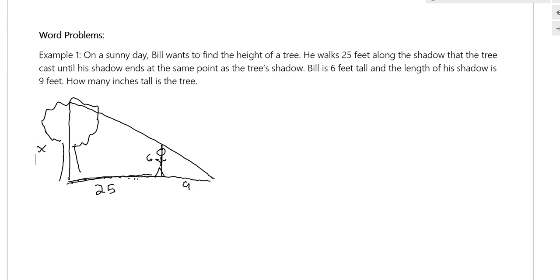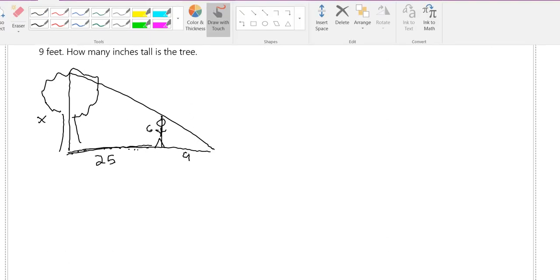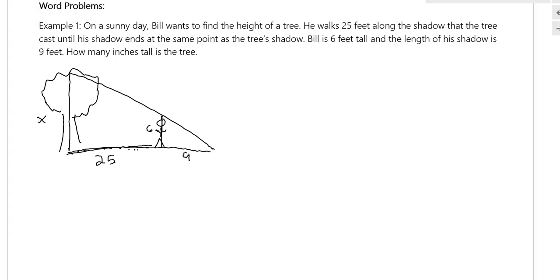Okay. So again, I'm going to draw my 2 triangles. The one with the tree. We don't know the height of the tree, but I know this whole length is 25 and 9, which gives me 34.